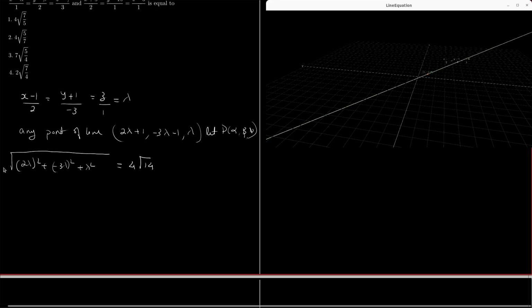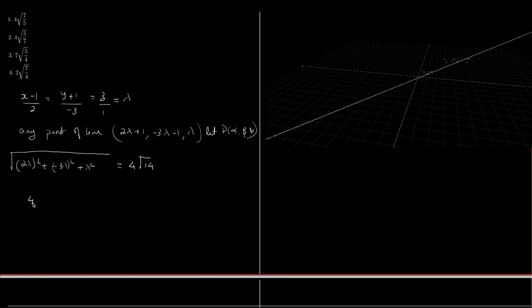Okay, we will expand that. 2 lambda square is 4 lambda square. Three lambda the whole square is 9 lambda square, plus lambda square.